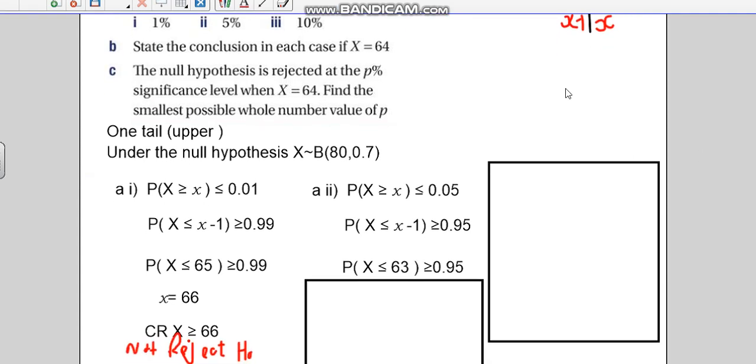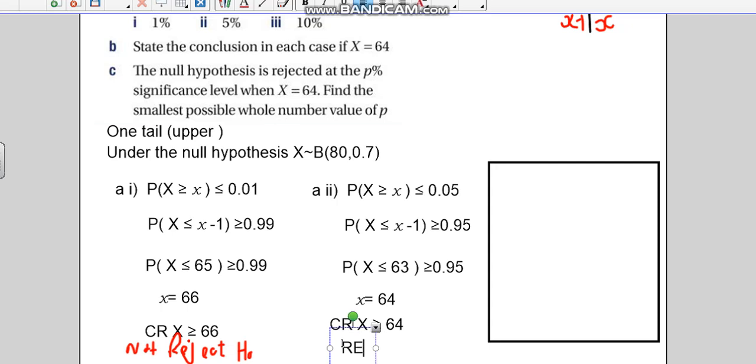But remember, that's the one on the left hand side, 63, so the critical value I'm looking for on the other side is 64, so the critical region is x is greater than or equal to 64. So if we come to part B, if x is 64, I have got sufficient evidence to reject the null hypothesis.